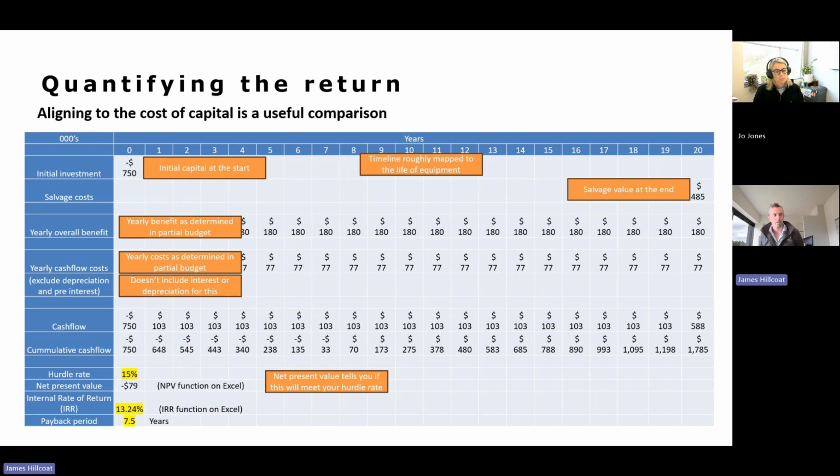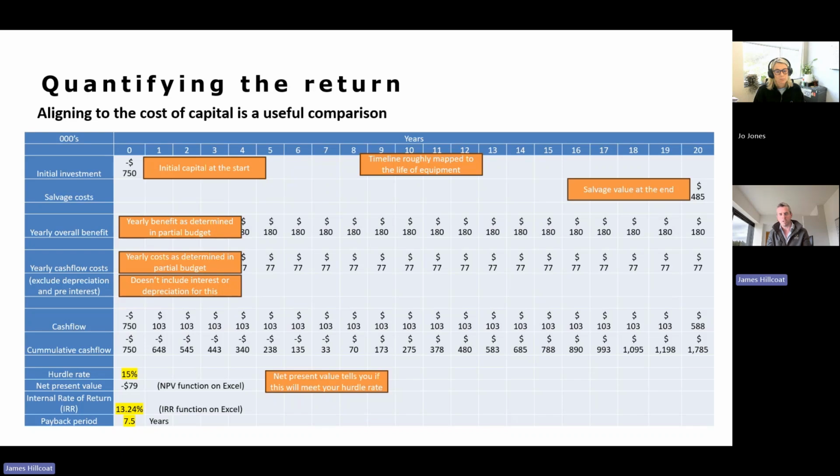So if we come down to where that hurdle rate is, that's in yellow, we've got 15% there. And if we take the net present value, which is accounting for all future cash flows and discounting them back, it's saying that we've got negative $79,000 as an overall project value.